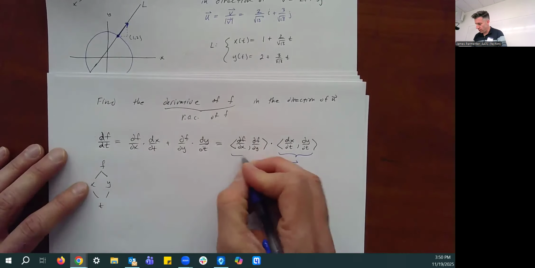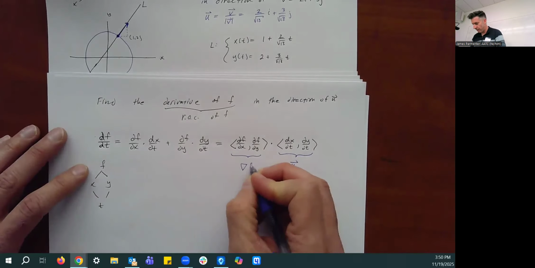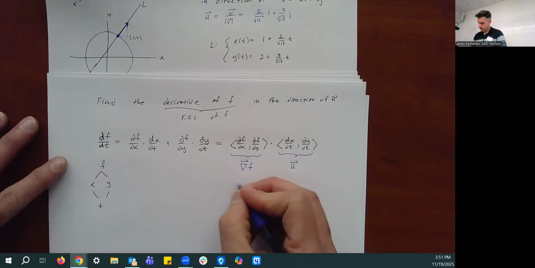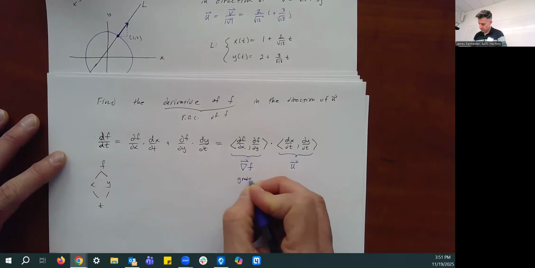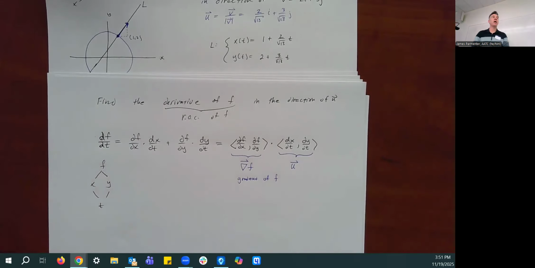This other vector, consisting of the partial derivatives of your function in the appropriate order, x before y before z, is called the gradient of f. And this is how you calculate the directional derivative of f in any direction u.